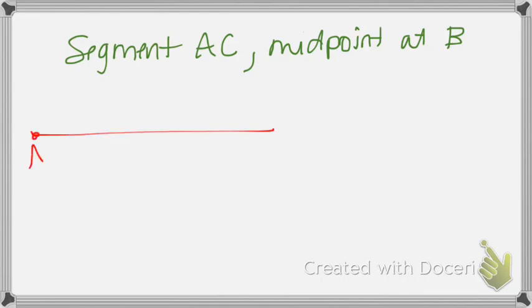So segment AC means we have this little segment here where A and C is the first and the last. And it says there's a midpoint at B, so there's B right there in the middle. What that means is that this side is equal to this side. And B is not a bisector because it's not a line. But if a line went through B, it would be a bisector.